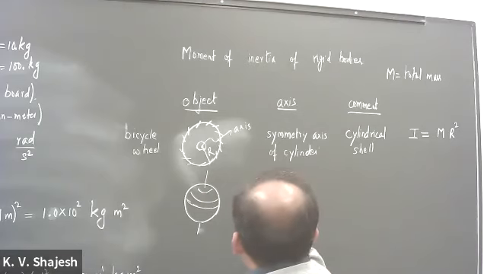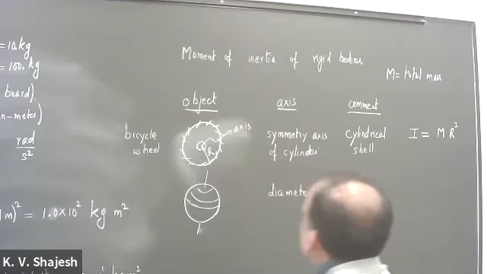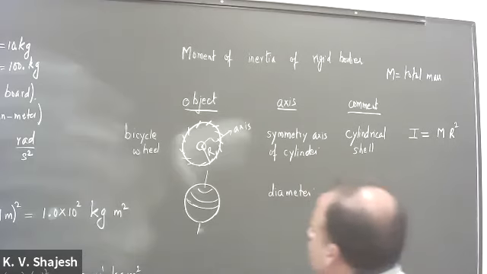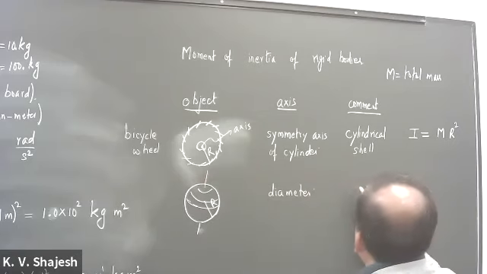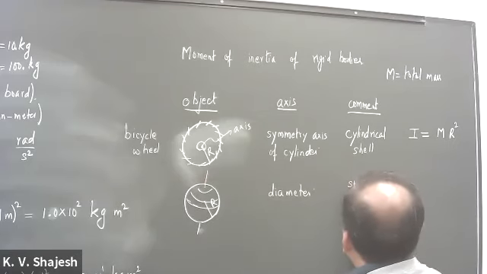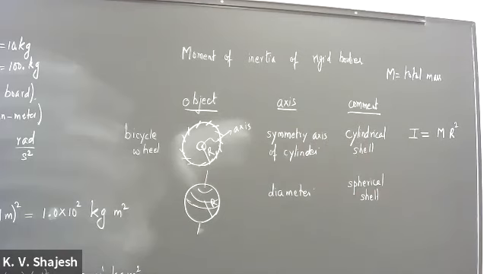So the axis is something passing through the center of the sphere. Again, let's keep radius R the same, and this is a spherical shell. So axis and the object both matter.